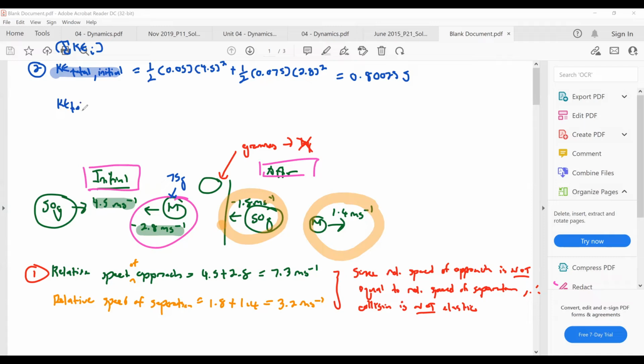Then after that, your KE total final would just be half times 0.05 times 1.8 squared plus half times 0.075 times 1.4 squared. From here, you get 0.1545 joules.